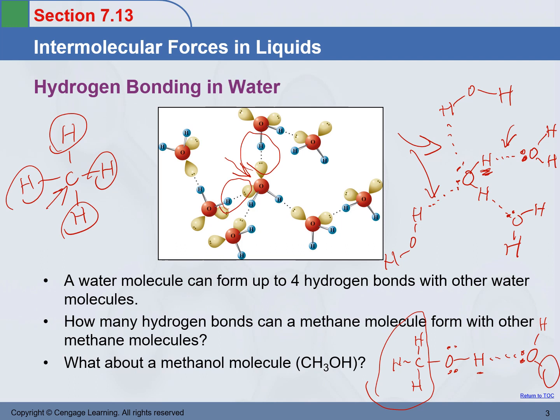At the same time, this lone pair can interact with another molecule's hydrogen on oxygen. That's another hydrogen bond. This one can do the same thing. So it can form up to 1, 2, 3 hydrogen bonds, 2 by offering lone pairs, 1 by offering hydrogen.